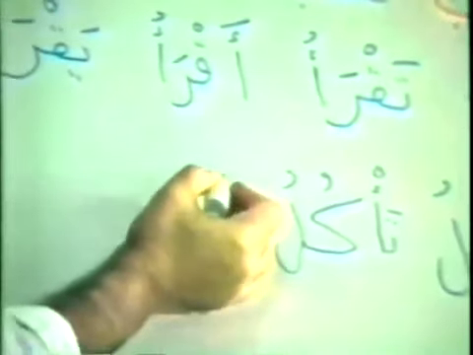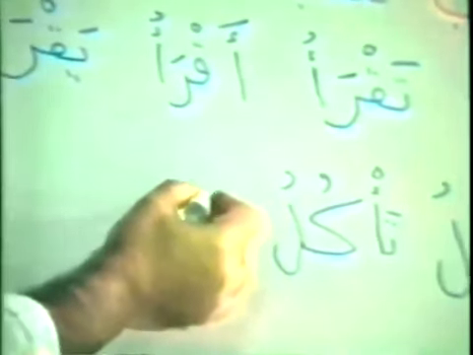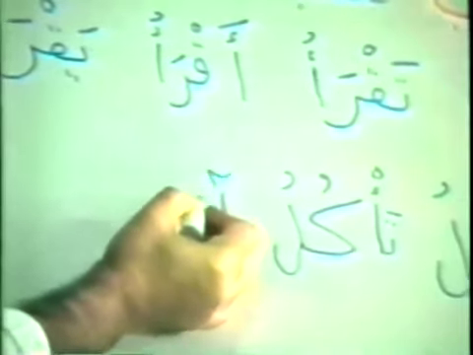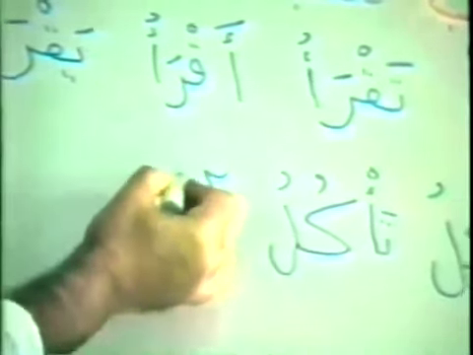I eat would be a'kulu, and because of the accord of two letters, we put a madda here, meaning akulu. Akulu, I eat. Now, they eat would be ya'kulun.